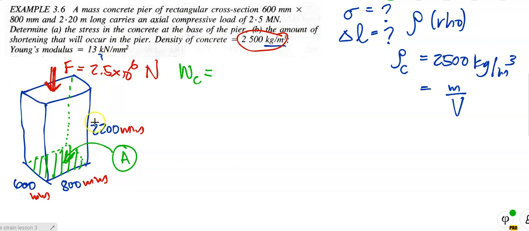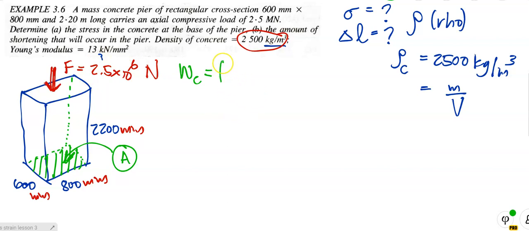That will give us the total volume. And if I multiply this by the density there, I will get the total mass of the concrete. How do I convert it to a weight? I multiply that by 9.81, and that will give so many newtons of concrete. Add it to F, and that will be my total F acting for my formula.